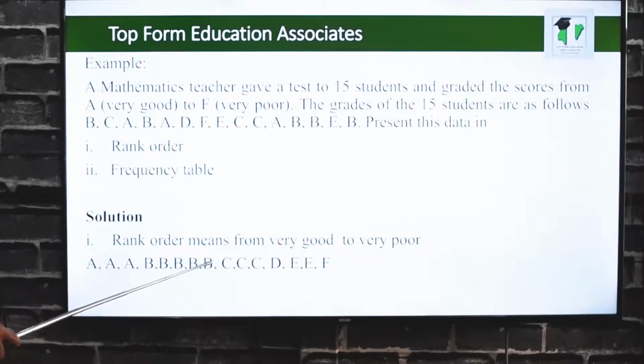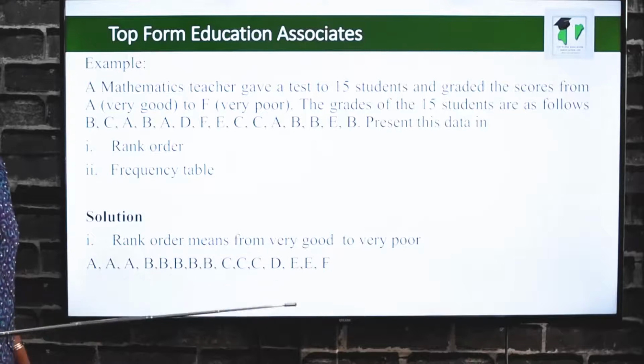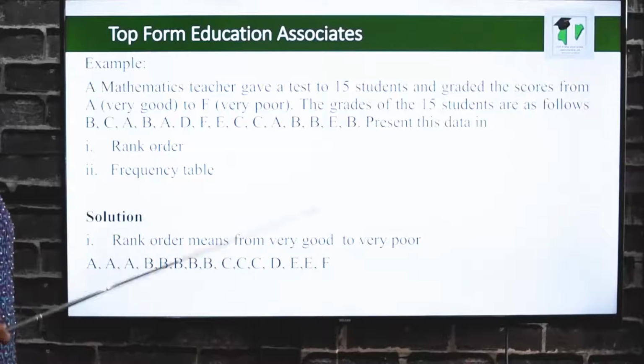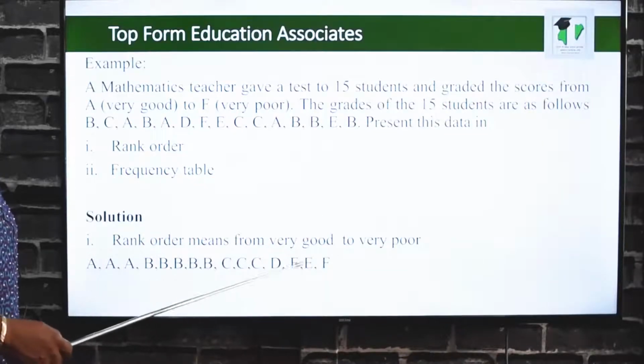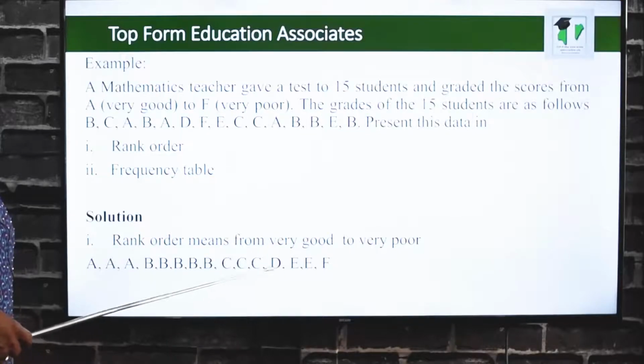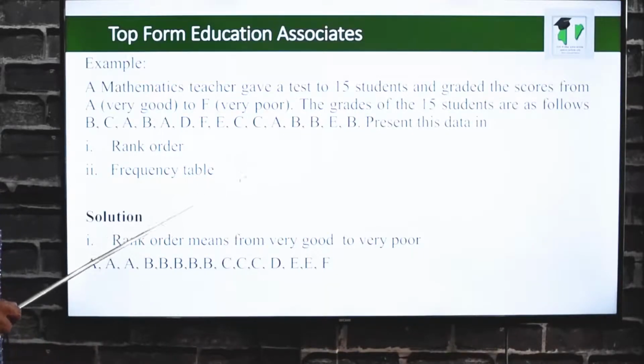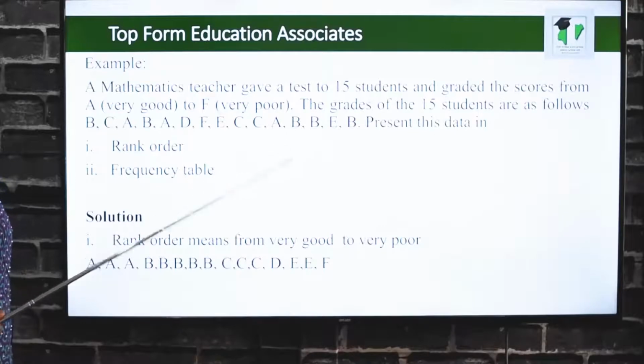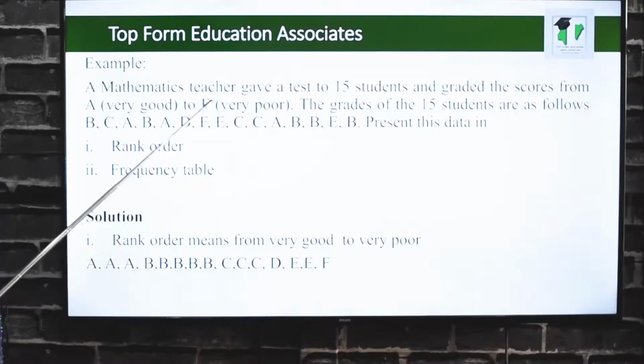Now, when you have presented statistical data using a rank order list, if you count the number of students or color or age, whatever is the item you are representing, it will give you the total number of people or things that you have in the question.